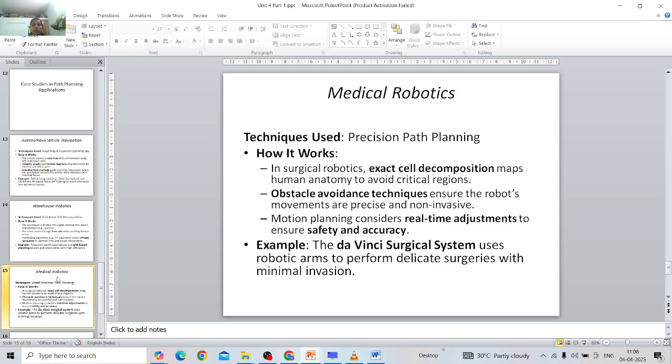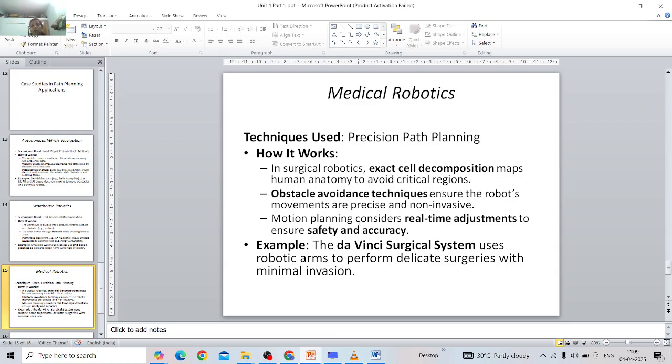The next one is medical robotics. In medical robotics, the technique used is precision path planning. It works such as, for example, if you consider a surgical robot, exact cell decomposition is used, which maps the human anatomy to avoid critical regions. Then you can use obstacle avoidance techniques, which ensure the robot's movements are precise and non-invasive.